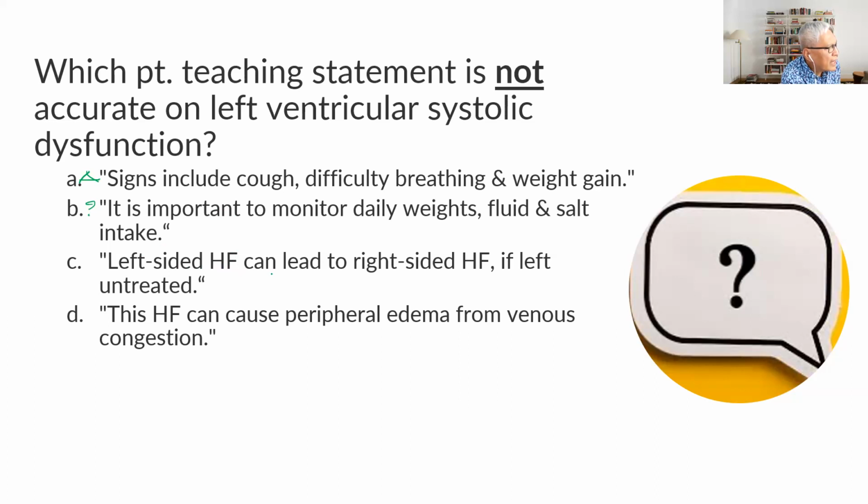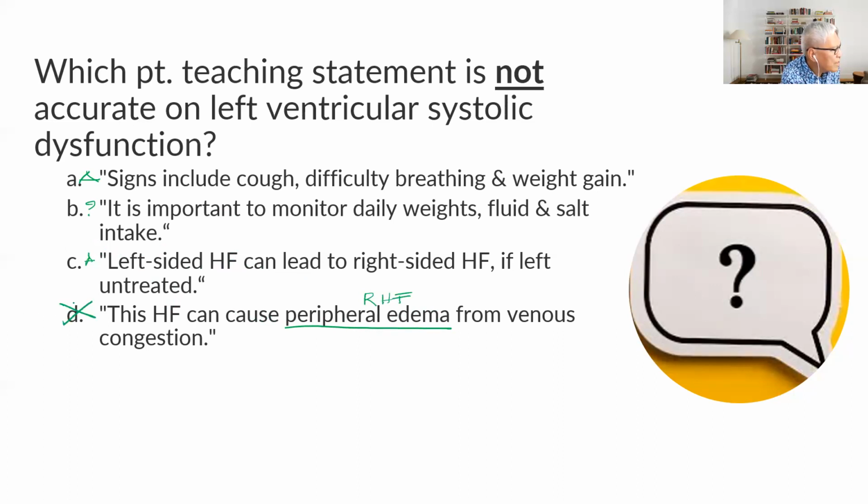Left-sided heart failure can lead to right-sided heart failure if left untreated. That's accurate. That's true. This heart failure can cause peripheral edema from venous congestion. Peripheral edema is going to be a sign of right-sided heart failure, right? So this is not accurate.